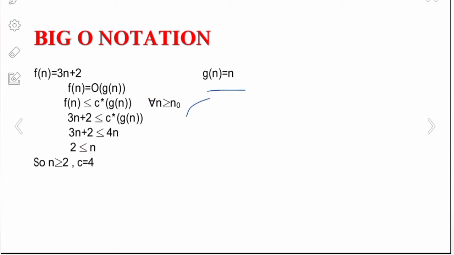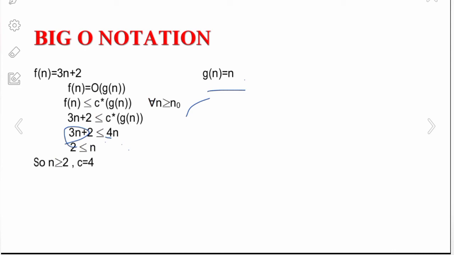So we are taking the function 3n plus 2. How can it execute? 3n plus 2 is less than or equal to c into g of n, and 3n plus 2 is less than or equal to 4n. Why are we taking the 4 here? The g of n value is n, and we consider 4 because there is a 3n, and 3 is less than or equal to 4 only, right?